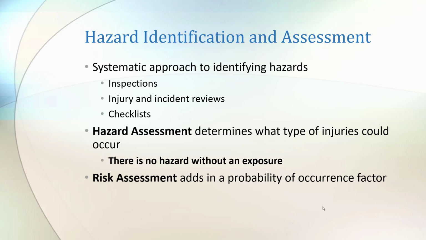The employee was injured. Why and how did he get injured? Doesn't matter what the employee did in the beginning. That gets into human factors and stuff like that. But unless the employee was negligent or just blatantly disregarded safety, you got to find out why they were injured, and you got to fix it so another employee doesn't. So you conduct a hazard assessment, and it determines what type of injuries could occur.